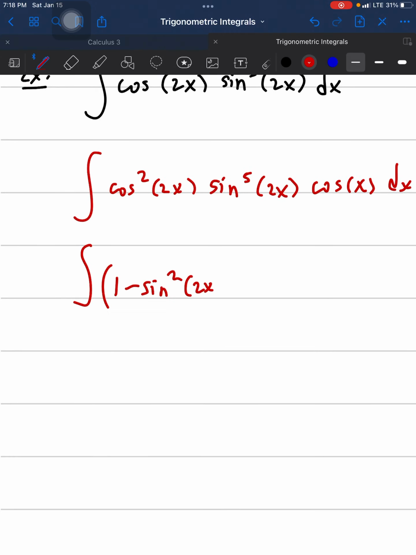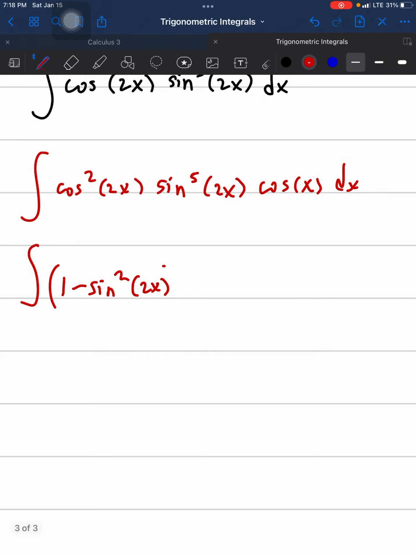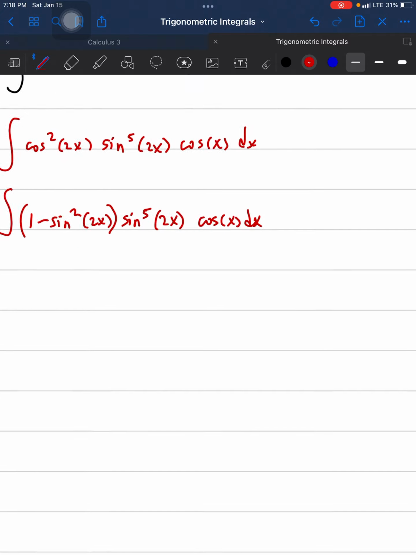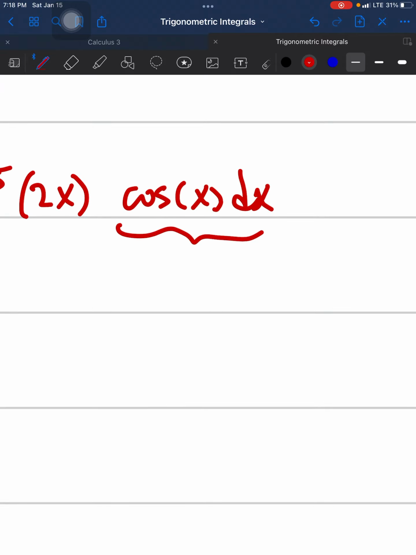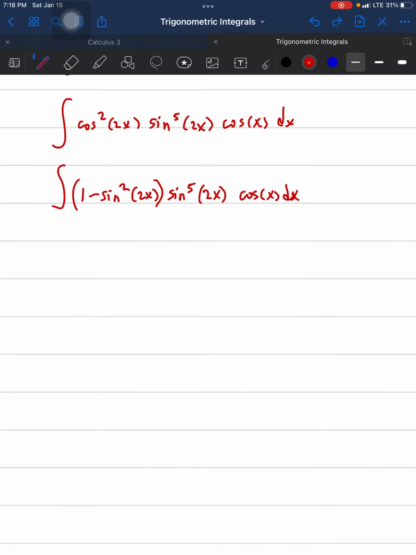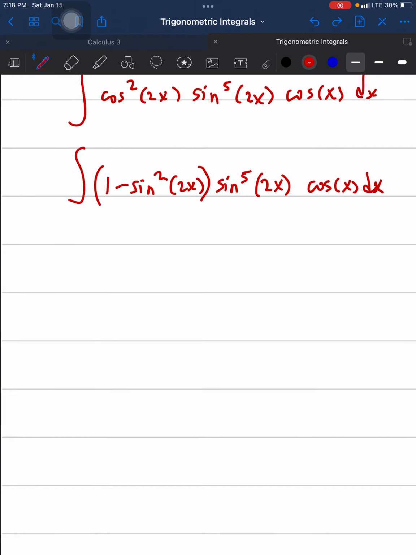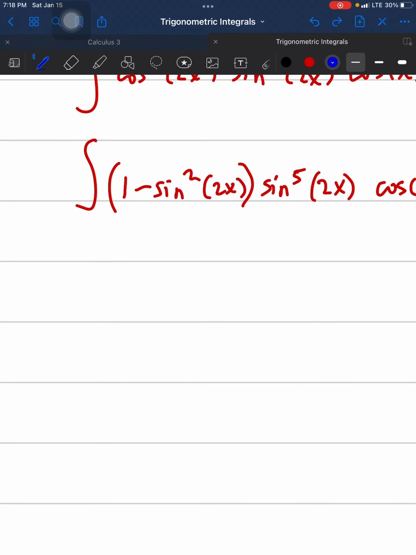So this is just gonna be 1 minus sine squared 2x times sine to the 5th 2x and times cosine 2x dx. Now, you see why I didn't change this cosine? We're gonna need that because after we make everything in terms of sine, we're gonna use u substitution.